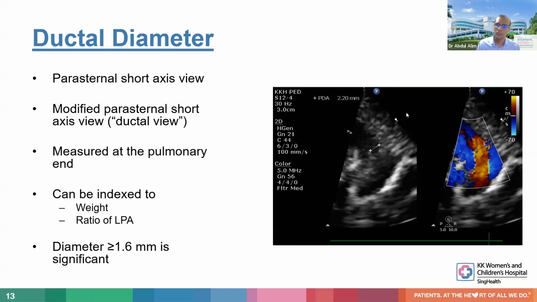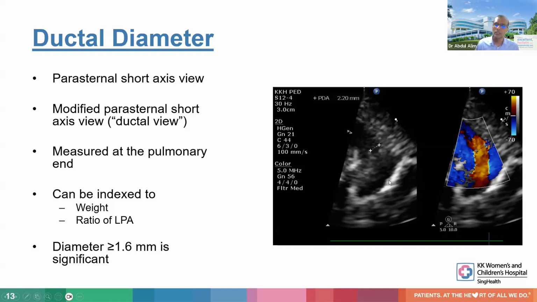For example, in this picture on the right-hand side, the probe is a 12 megahertz probe. With that we can quite clearly see the PDA. The aorta is here, the pulmonary artery is here, and this is the PDA just at the pulmonary end, which is where we measure it.